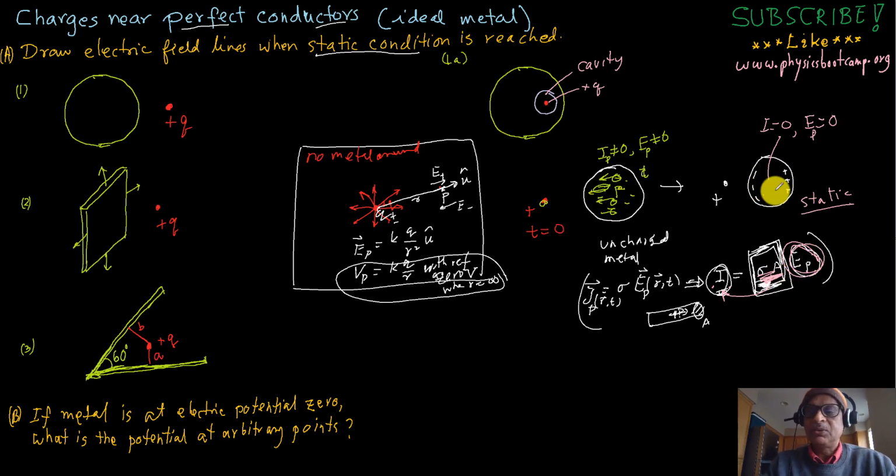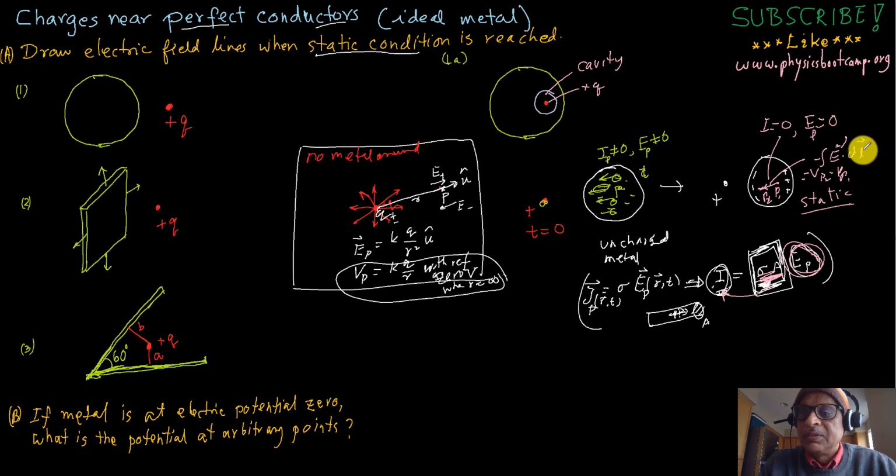If the electric field is 0, then you can see that if I go from some P1 to some P2, and do the electric field integral, E dot dl, take a minus, this will be VP2 minus VP1.